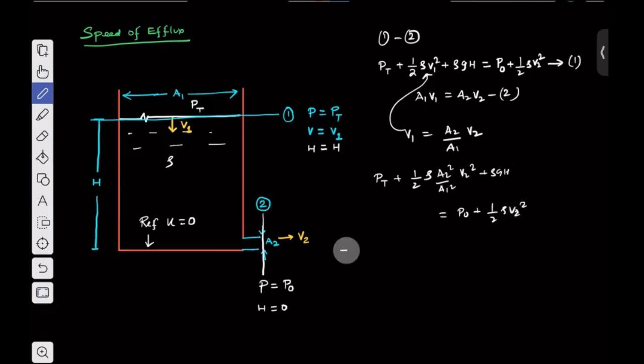Simplifying this to find the value of V2, we get PT minus P naught plus rho g h equals half rho V2 square into 1 minus A2 square by A1 square.